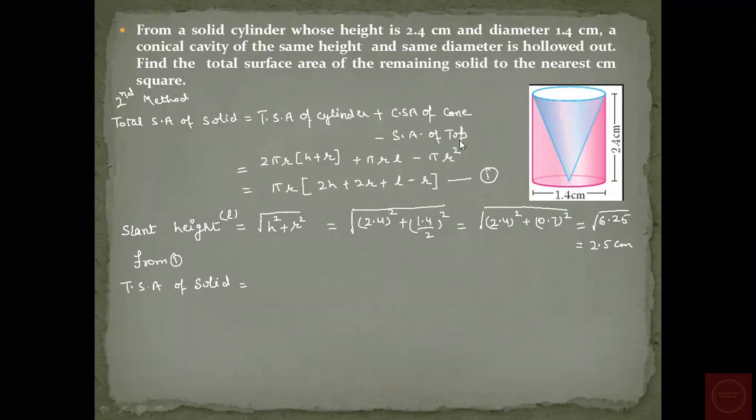of cone minus surface area of top. So again, the total surface area formula we have written here: 2 pi r into h plus pi r l minus pi r square. So pi r is common. We have 2h plus 2r plus l minus r. Why? Because this 2 is multiplied by h also, and 2 multiplied by r also.